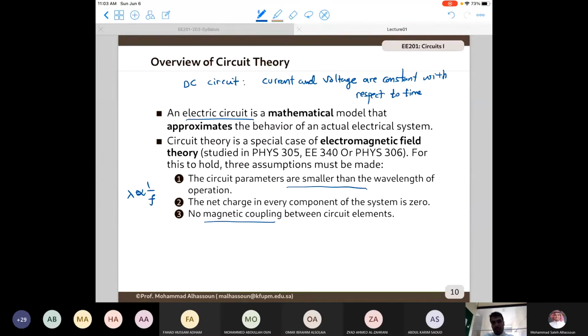From Faraday's law, a magnetic field will be generated by the wire that's carrying the current, and that magnetic field will generate a current in the nearby wire. So there will be coupling between these two elements. In order to apply circuit theory, we assume that there is no magnetic coupling between the circuit elements, and this is achieved by placing the elements further apart.